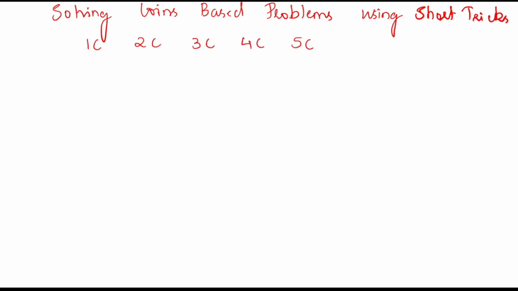So when 1 coin is tossed, remember this: 1. When 2 coins are tossed, 2 1. When 3 coins are tossed, 3 3 1. When 4 coins are tossed, it is 4 6 4 1. And when 5 coins are tossed, it is 5 10 10 5 1.